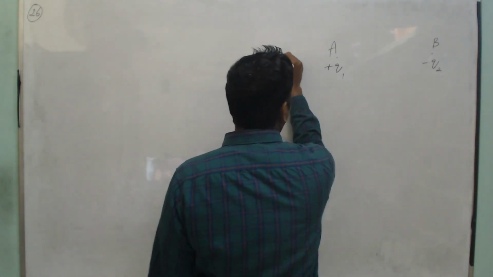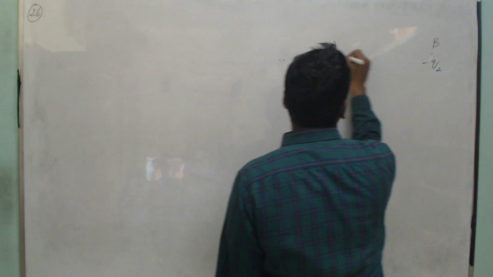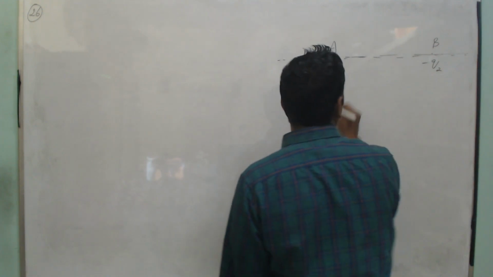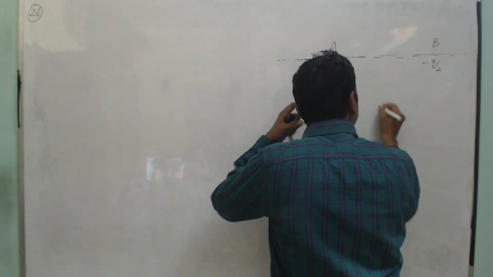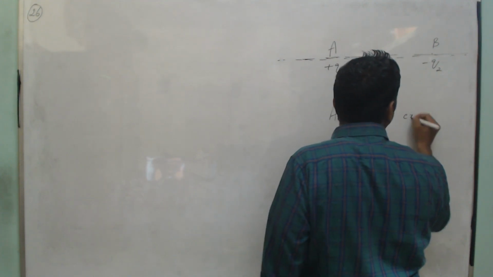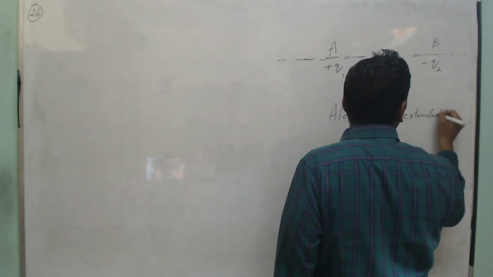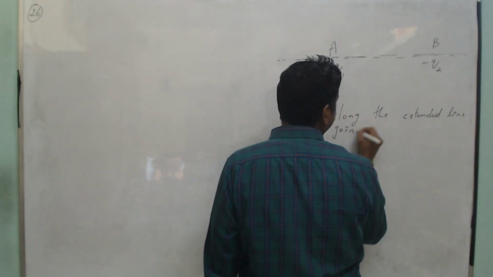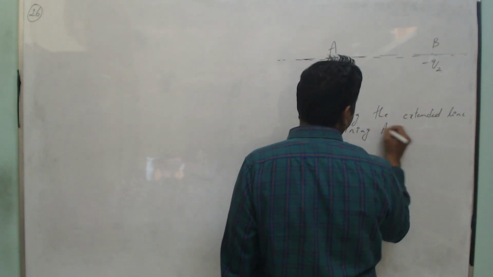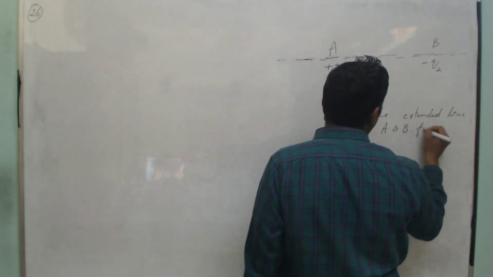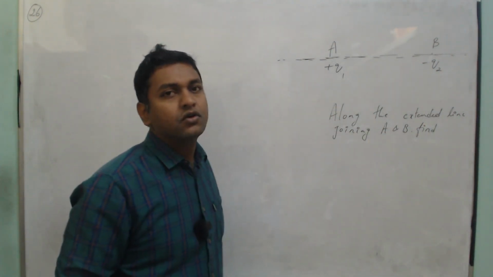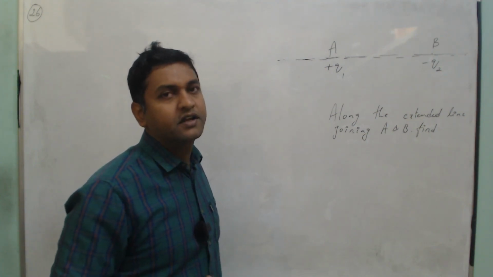So along the extended line joining A and B, find, we can say equilibrium position, or we can say find a point where the net electric field is zero.